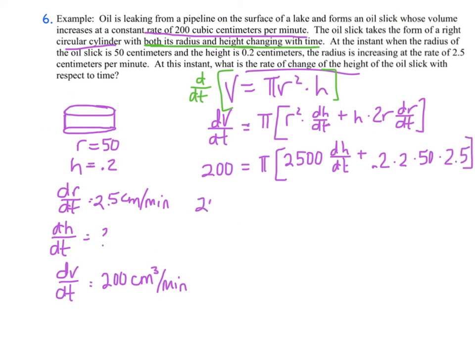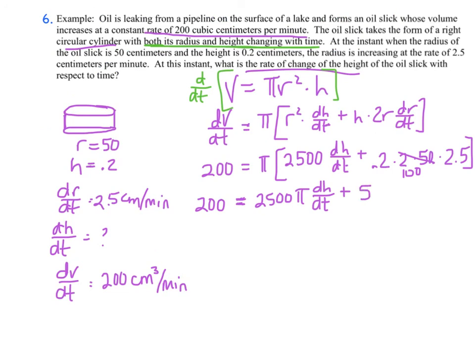So 200 is equal to, I'm going to distribute this pi through. So 2500 pi dh/dt plus, let's see if I can do some of this in my head. 2 times 50 here would be 100. 0.2 of 100, I just move my decimal place over 2 places, and that's 20. And 20 times 2.5 is 50.